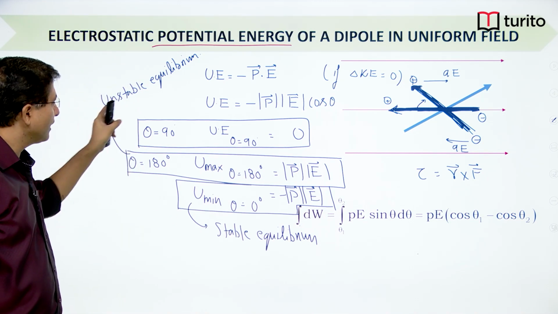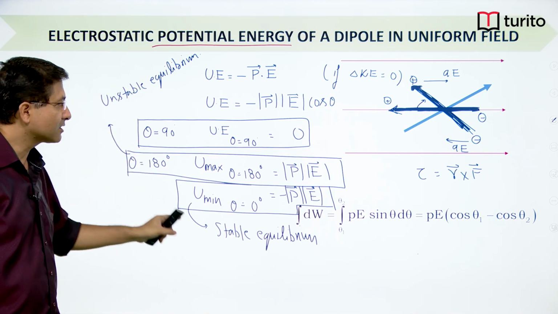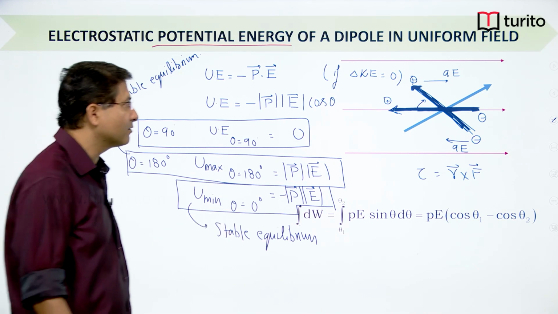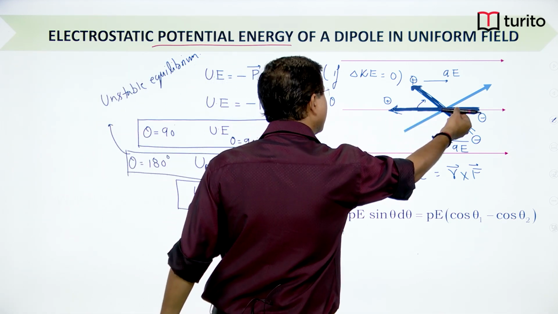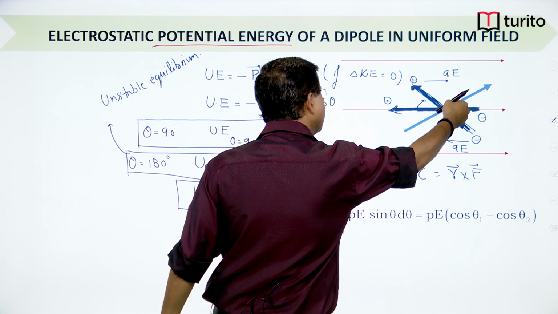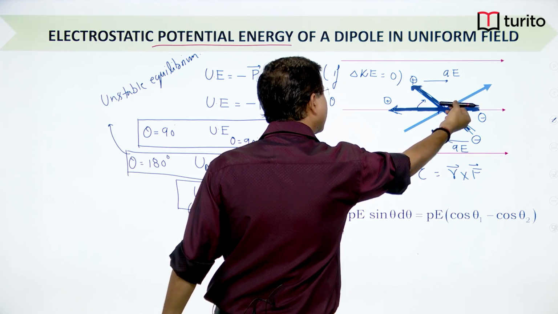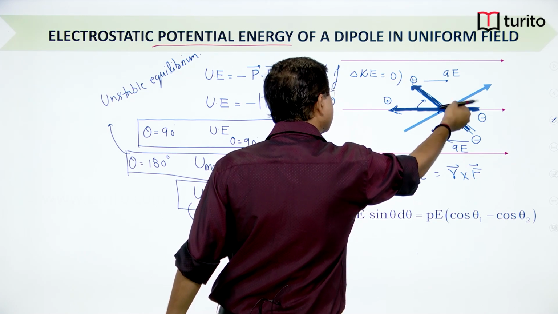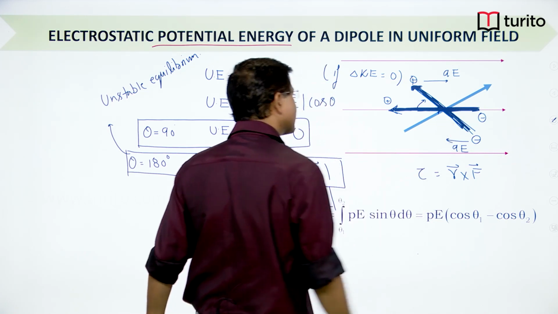So unstable equilibrium meaning is clear, stable equilibrium meaning is clear. Stable equilibrium: when I place the dipole this way, rotate it slightly and release it, it will try to get back to the initial position. It has a tendency to reorient itself.